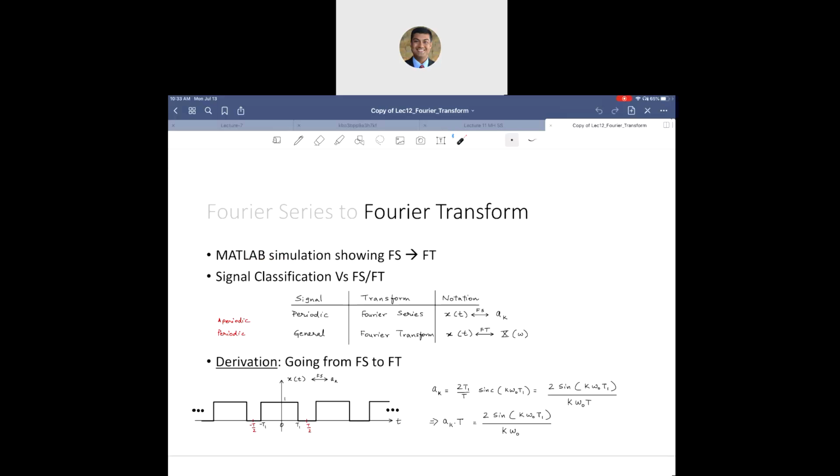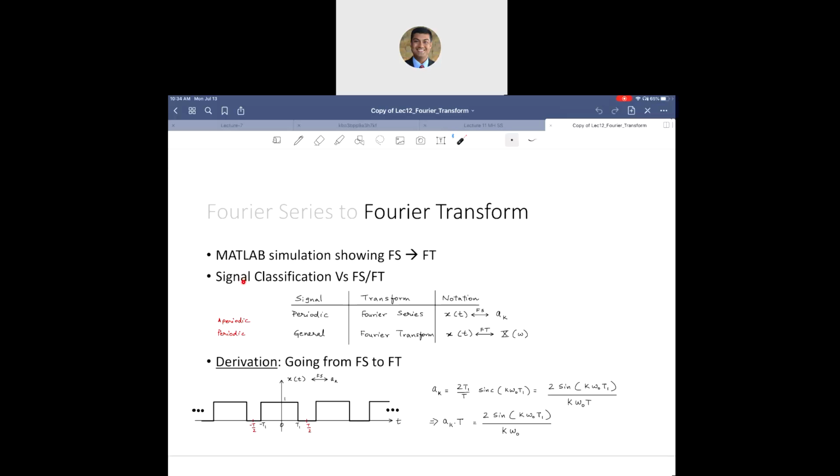So wait for the MATLAB simulation. For now, if you can quickly go to the video lectures tab on Piazza and open that YouTube link for lecture 12 MATLAB demonstration in a new tab, have that handy. It'll be helpful.